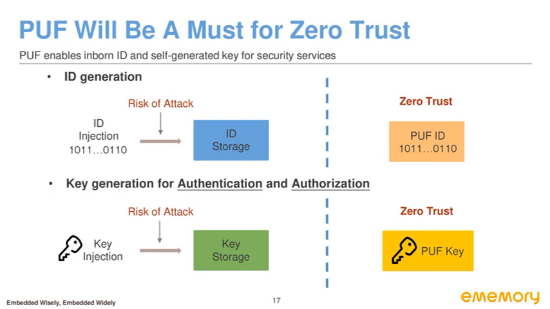This sets us apart from the conventional method shown on the left-hand side of page 17, where both ID and key are injected from the outside, while on the right-hand side, for PUF, internally it is a self-generated PUF ID and PUF key.